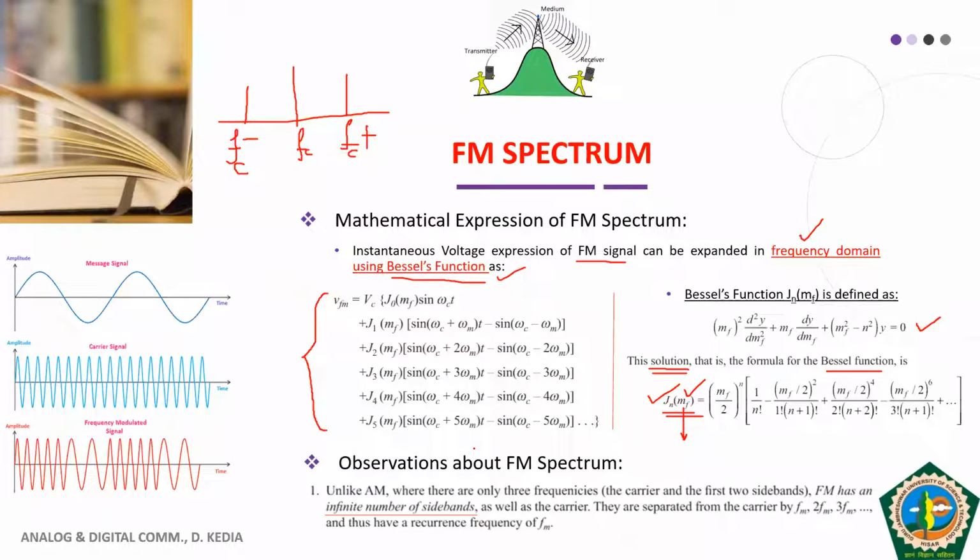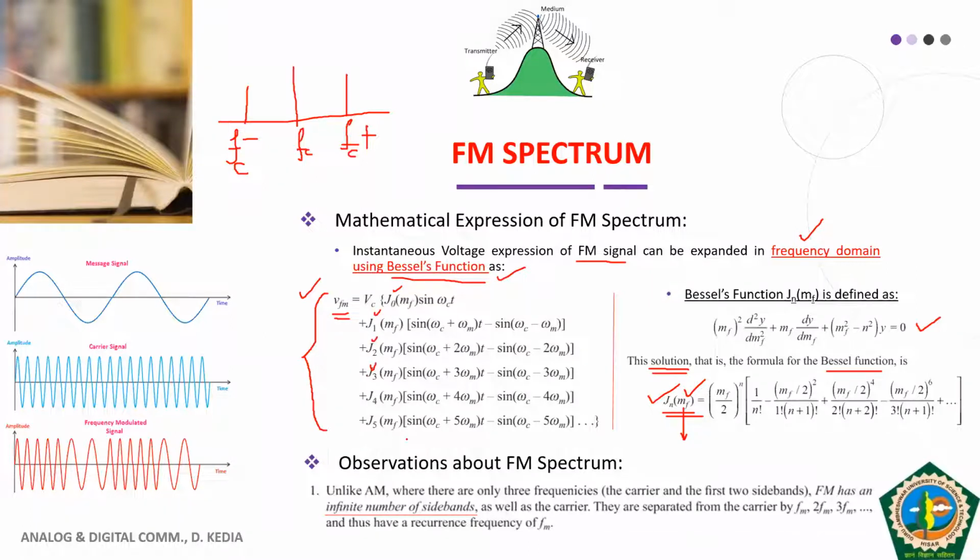So if you solve it using the Bessel function, we get this term. Here, students, you see your instantaneous value of the frequency modulated signal has been expressed as a summation of different Bessel coefficients: J0, J1, J2, J3, J4, J5.